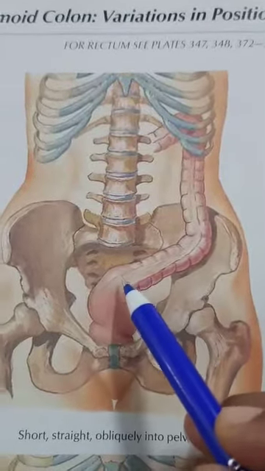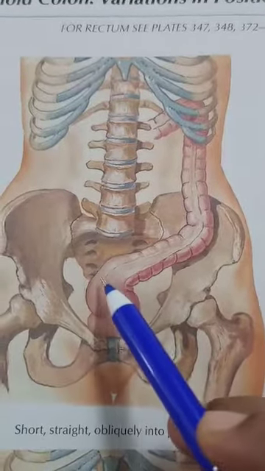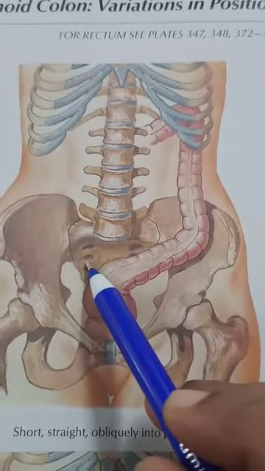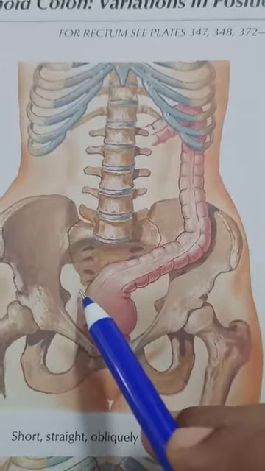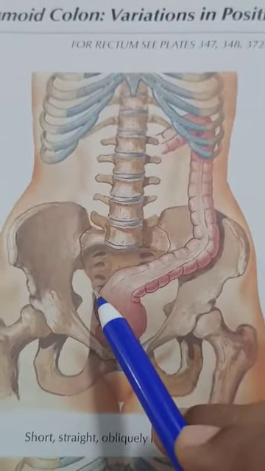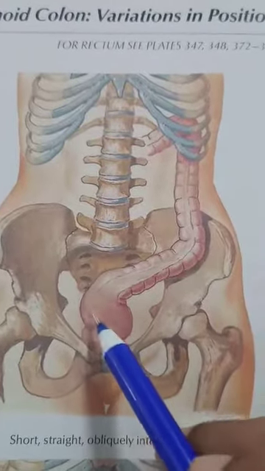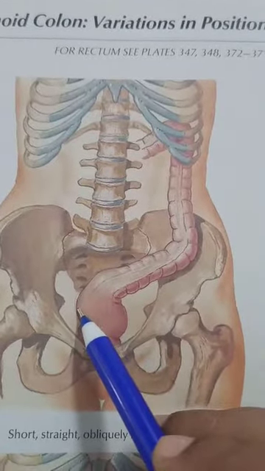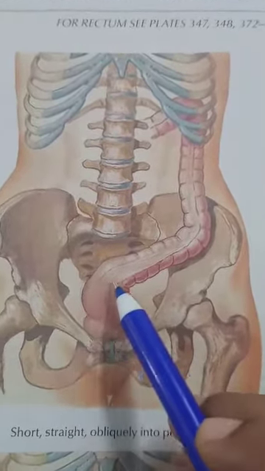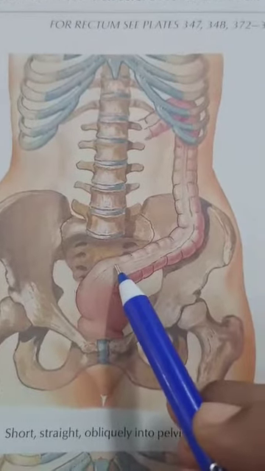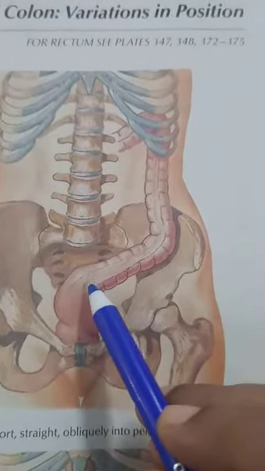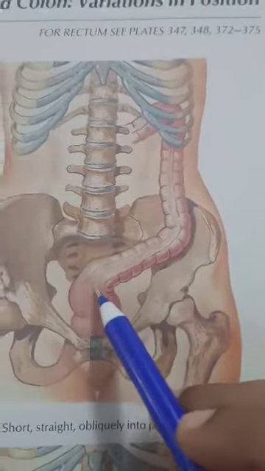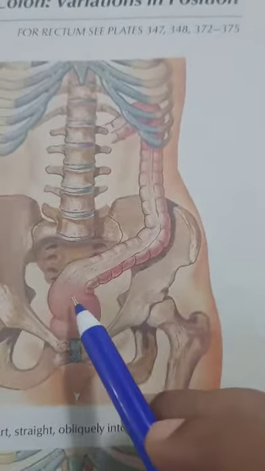It lies in front of the third, fourth and fifth sacral vertebrae and also the coccyx. It extends from the end of the sigmoid. This is known as the rectosigmoid junction between the sigmoid colon and the rectum.